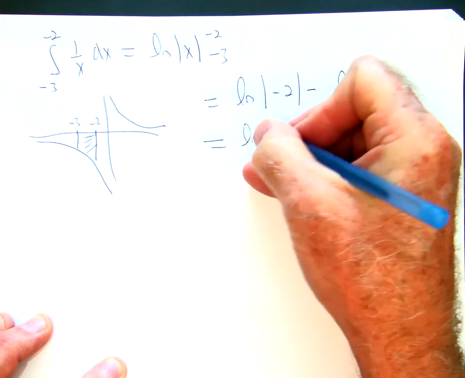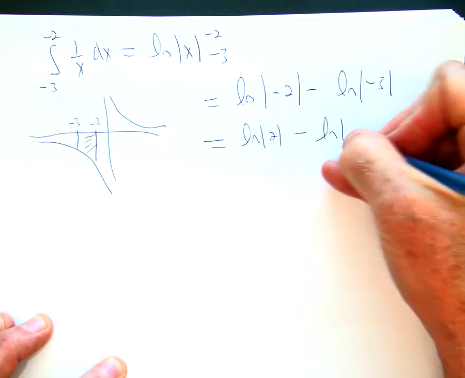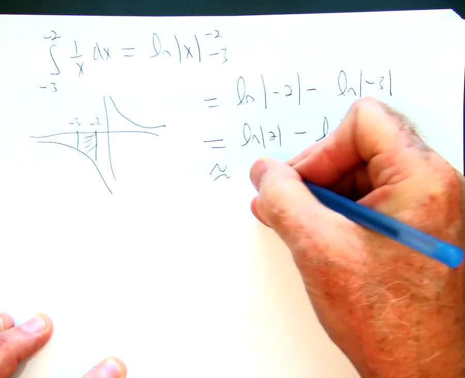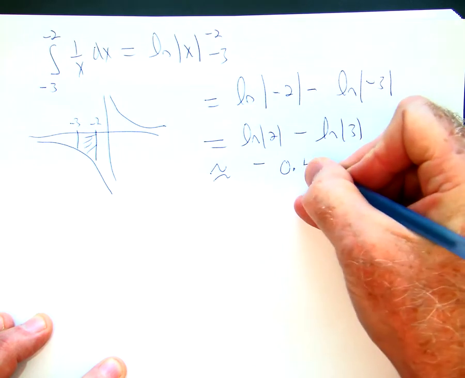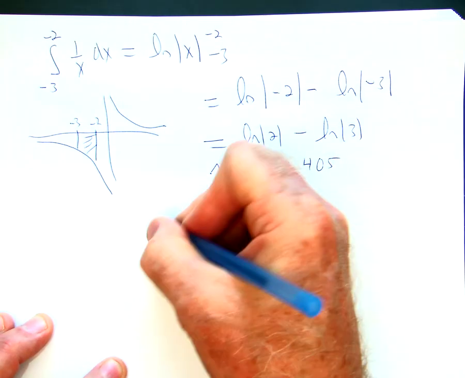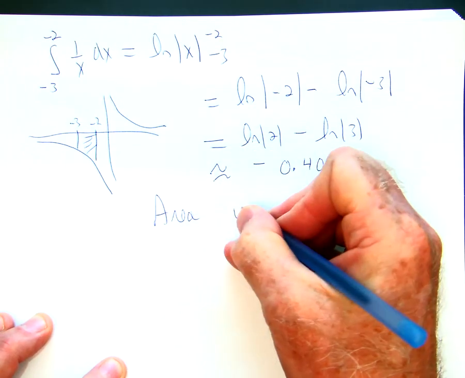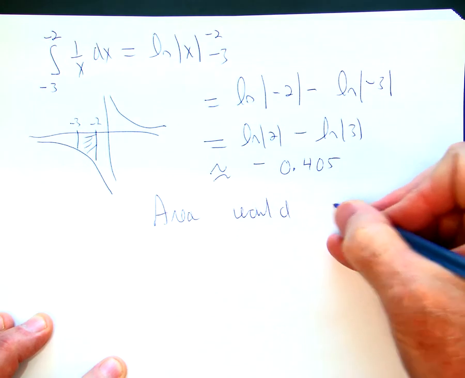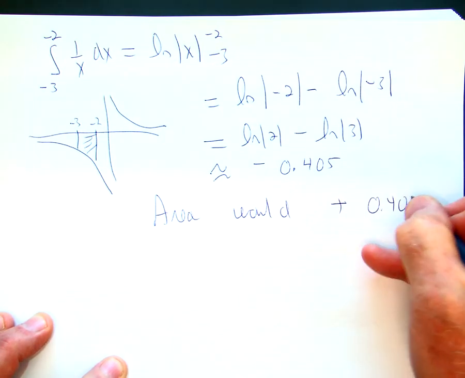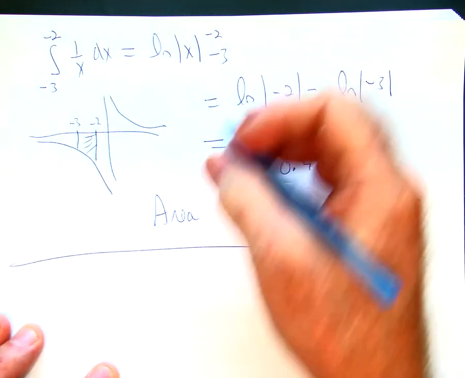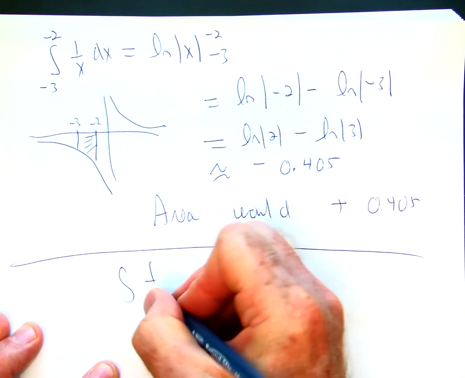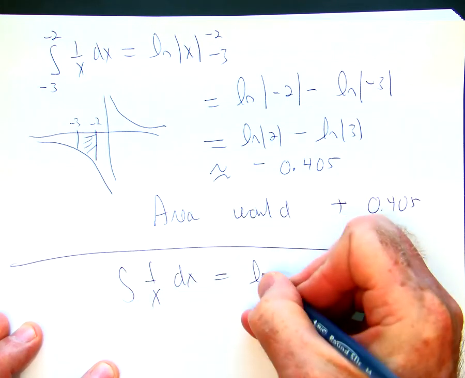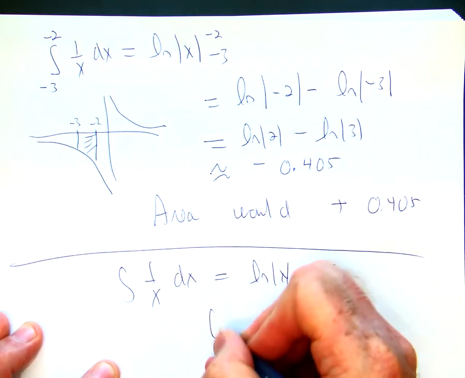Use the rules of absolute value, log 2 minus log 3. And if you take out your calculator, that's going to be about equal to 0.405. So the area would be positive 0.405. So this is a good formula.